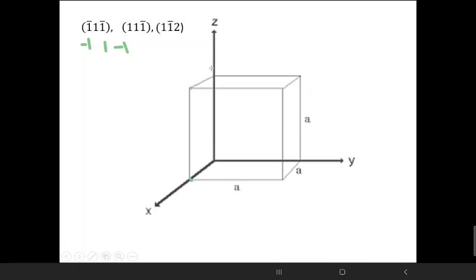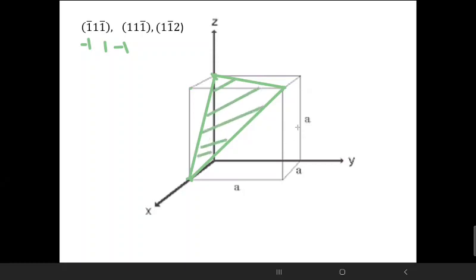So minus 1 is here, and plus 1 on the plus axis, and this is the minus axis. So this is your axis for bar 1 1 bar 1. So this is your plane.